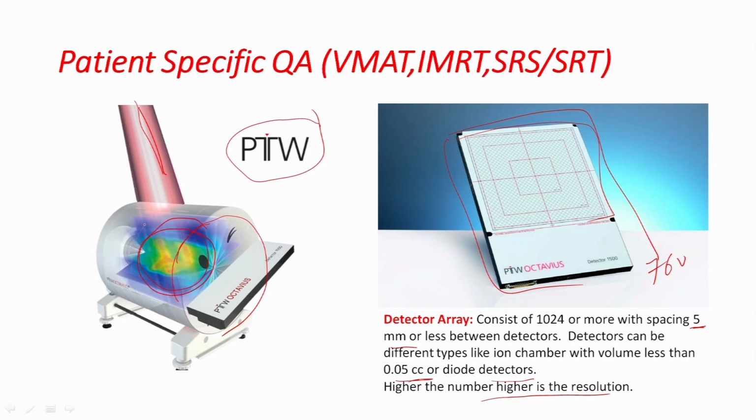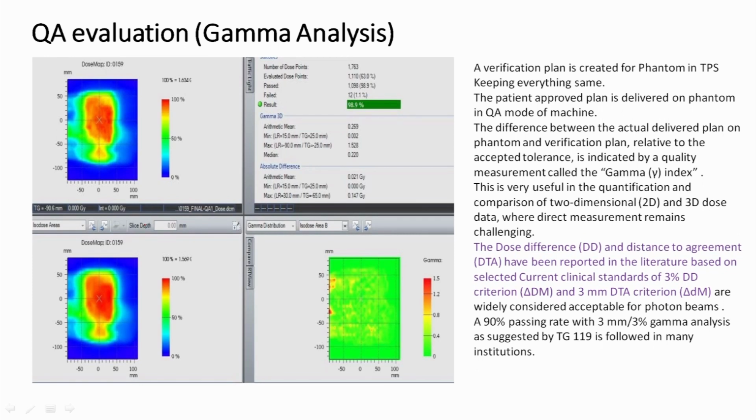So this phantom has to be scanned and inserted into the TPS, and the plan, keeping all the same parameters, has to be copied over this phantom and the dose calculated. This plan needs to be exported to an analysis software, and your approved plan has to be delivered on a machine as a quality assurance plan.